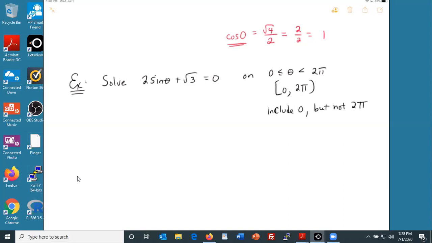And the reason for that, if you look at your unit circle, or if you remember your angle measurements, 0 and 2 pi are in the same position. So therefore, 0 and 2 pi would be considered equal. So you wouldn't write them down separately because that means you're counting the same answer twice.